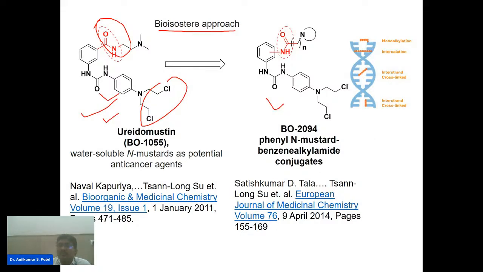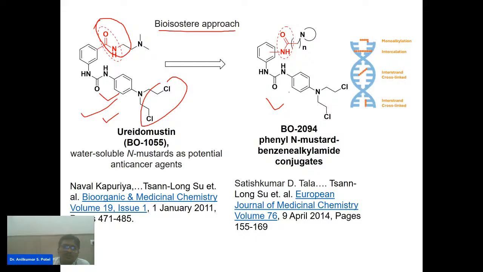Satish Tara published this in the European Journal of Medicinal Chemistry in 2014. The bioisostere approach can help design new molecules with a similar class of activity as well as more potency.